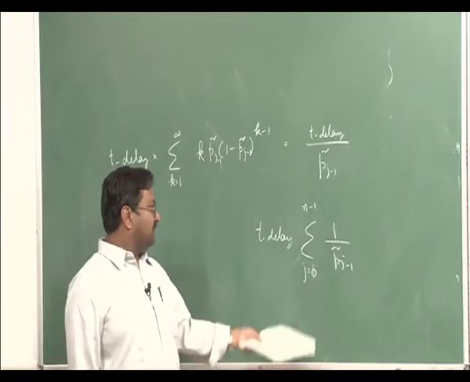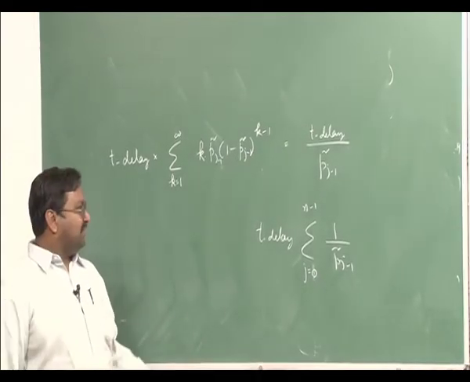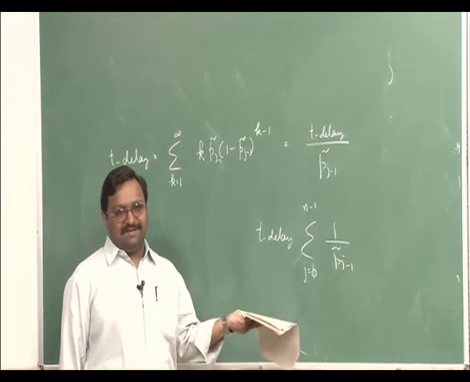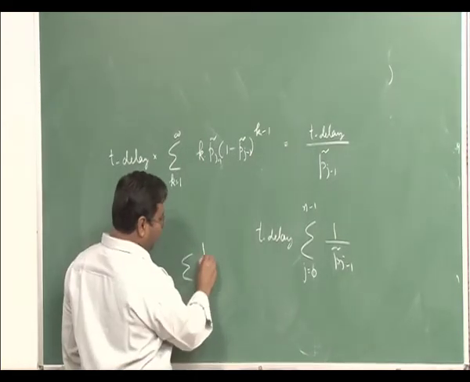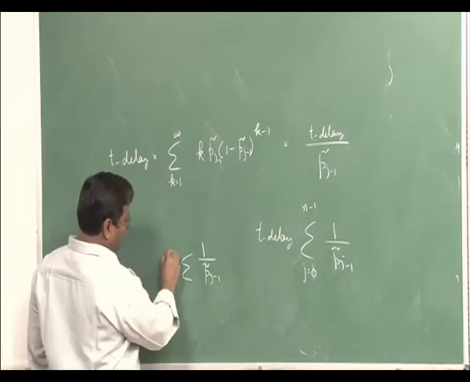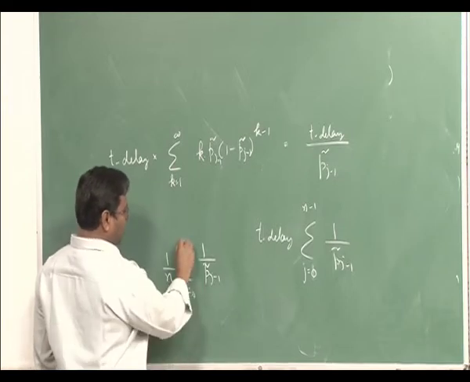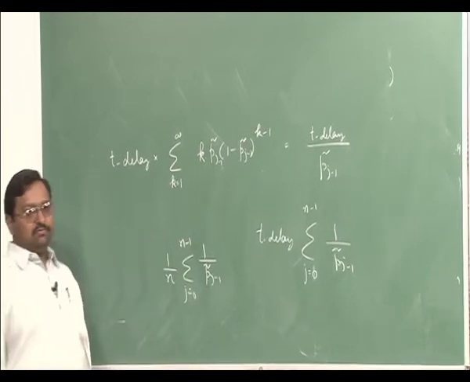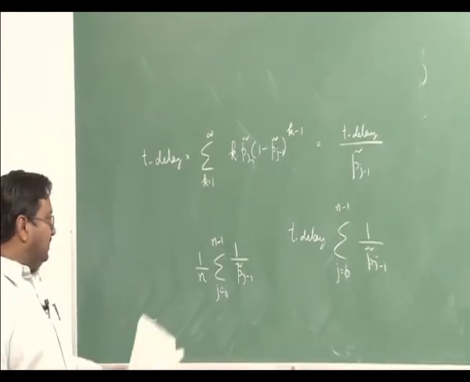All stages I have summed up. And the maximum delay possible is the total number of stages times t delay. So you can divide by that. So your normalized delay will be the summation of 1 over pj minus 1, divided by n. That is the normalized delay.